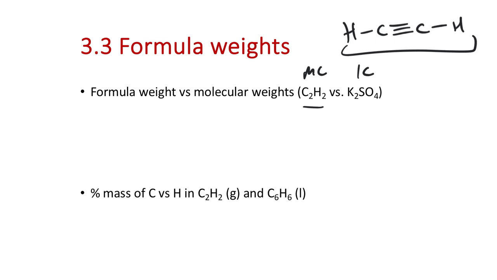If you have a liquid of the sample, there'd be some intermolecular forces between the molecules linking them together. But C2H2 turns out to be a gas at room temperature. So there really isn't too much going on in a sample of acetylene other than a bunch of individual molecules that look like this structure here, versus K2SO4, where most of our ionic compounds are solids at room temperature because they have such strong ionic forces of attraction.